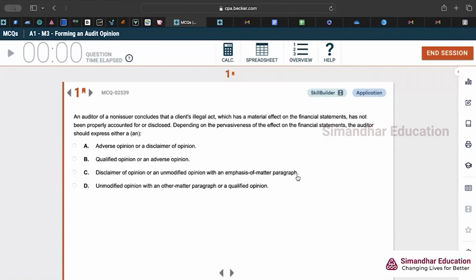C is eliminated. D is eliminated. It is a material effect, so you are giving a modification. So C and D are eliminated, wrong choices. You have to choose between A and B. Since they are talking very clearly about accounted for or disclosed, it is qualification.